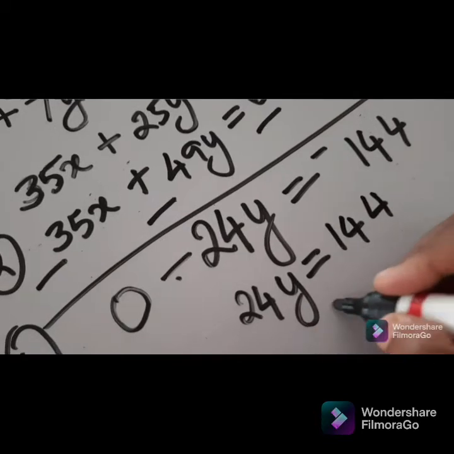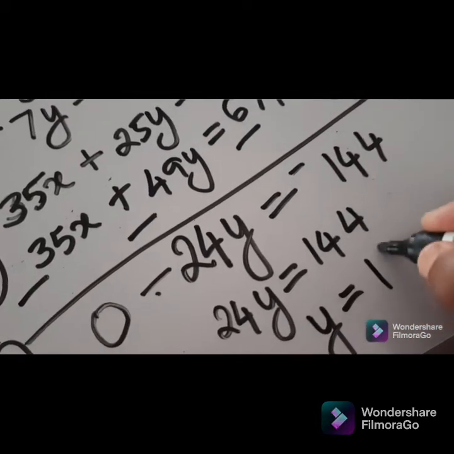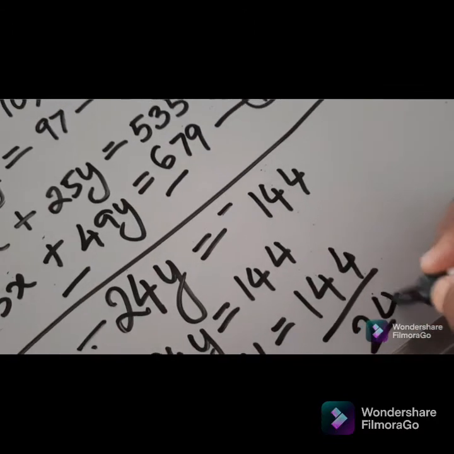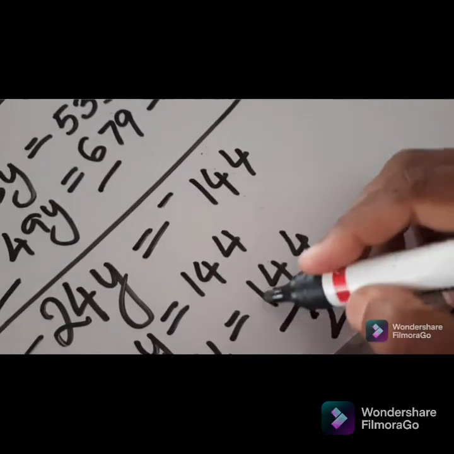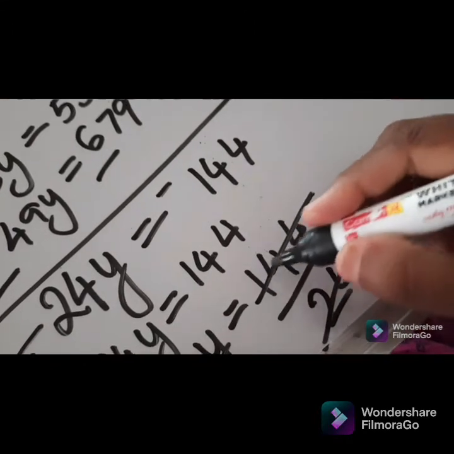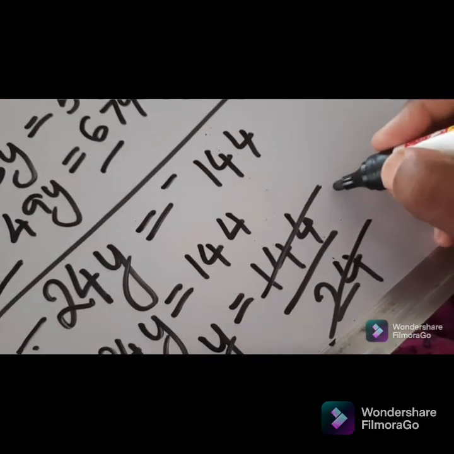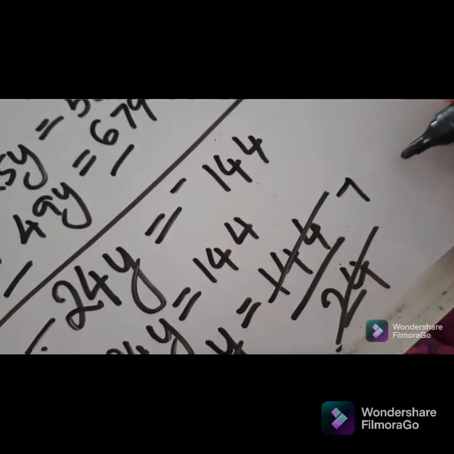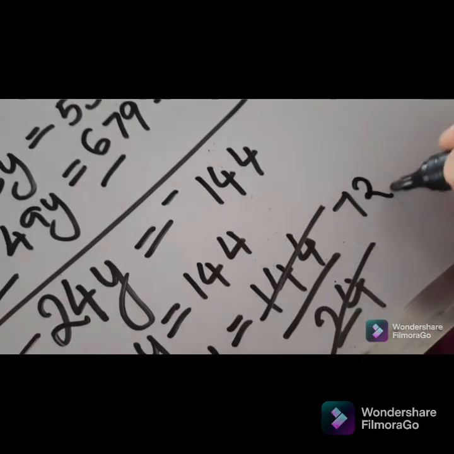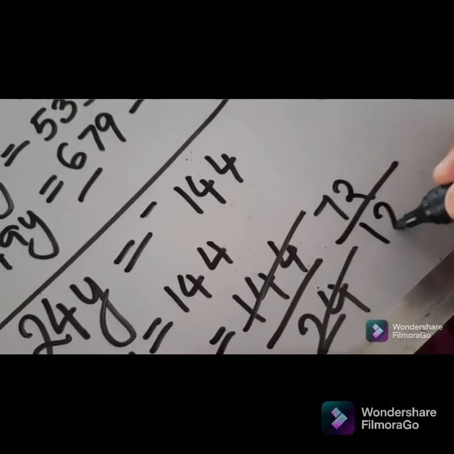Now we want y. Y equals 144 divided by 24. Now we can cancel. Cancel with 2: 7 2s are 14, so we get 72 over 12.